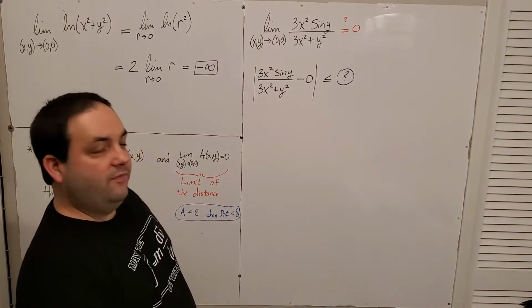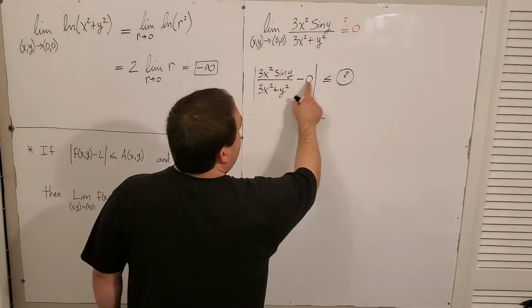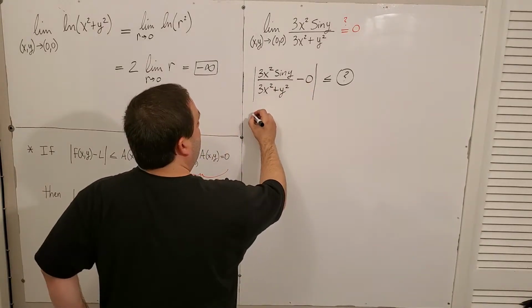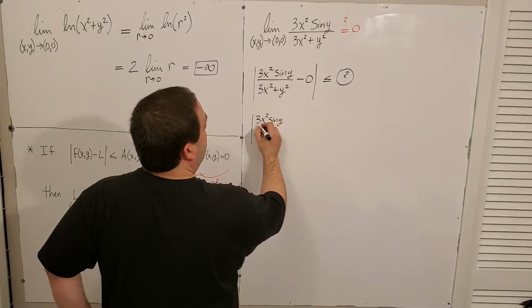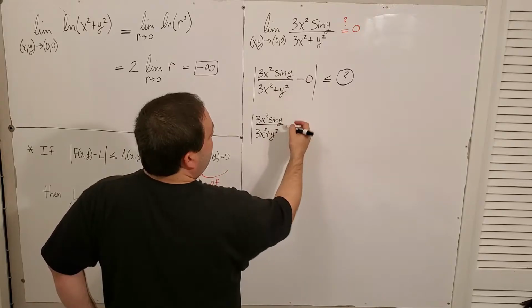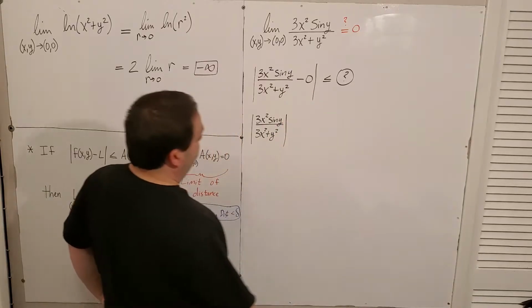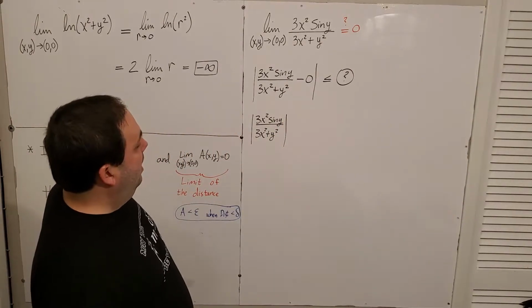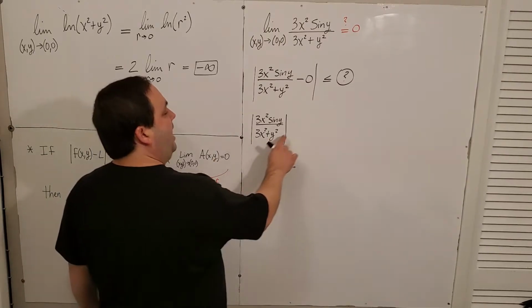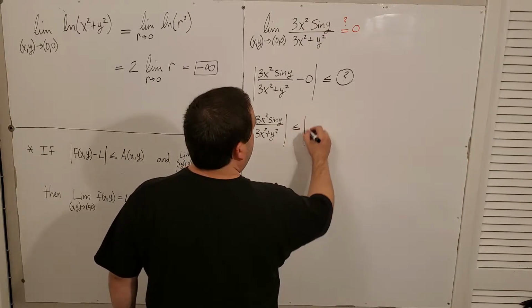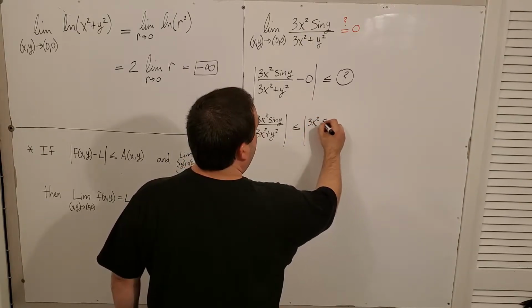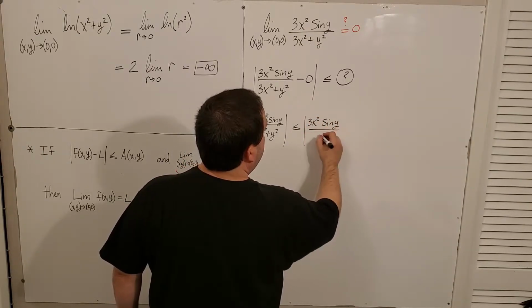Well, that's not too difficult to do. This is minus 0, right? So here's what I'm going to do. I'm going to do 3x squared sine y over 3x squared plus y squared. Minus 0 is just itself, right? Okay. However, I can say that this is less than or equal to, bear with me, this.